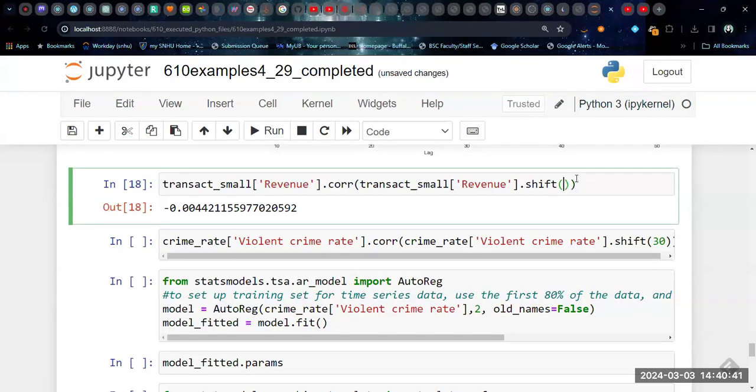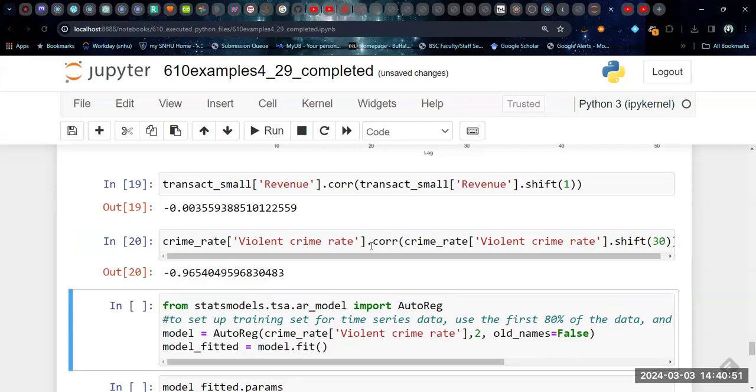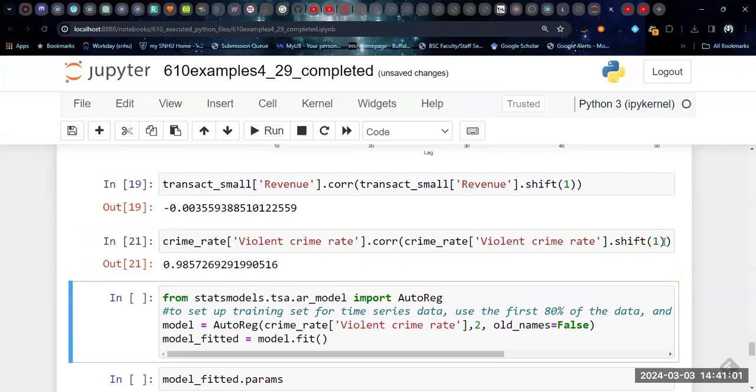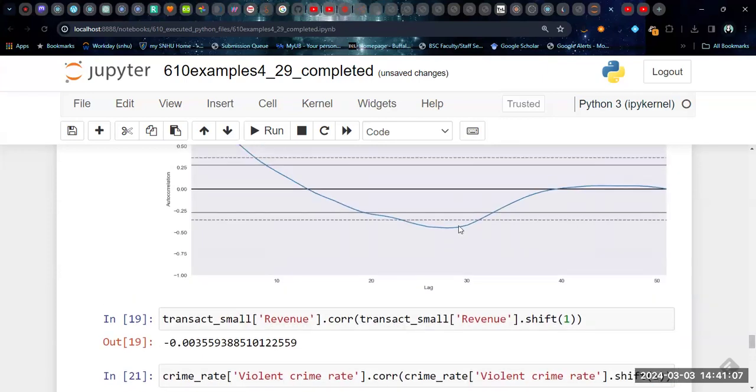We could shift by 1 value, and we also have a basically zero correlation in our transactions in our revenue data. If we look at the violent crime rate data, we have a highly negative correlation. If we do just one of them, we have a highly positive correlation. So that negative correlation is what's showing up here.